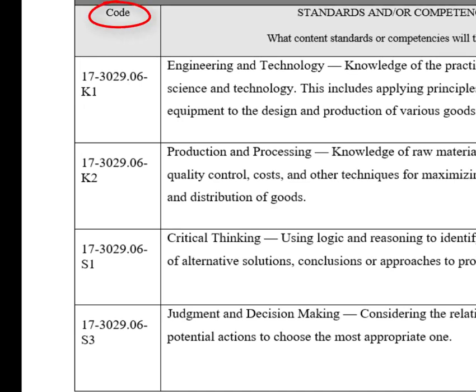Now, all these organizations will have codes. Sometimes they'll be a single tier, sometimes double. In this case, you can see it's a double tier. It gives you the manufacturing industry, and then the actual competency, in this case knowledge 1, knowledge 2, skill 1, skill 3.